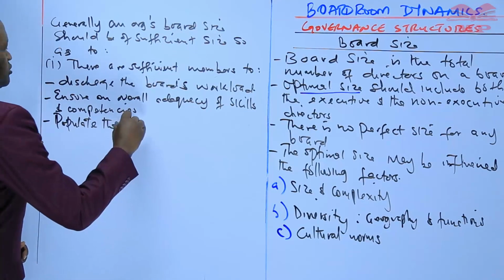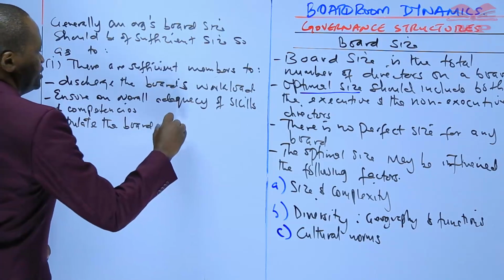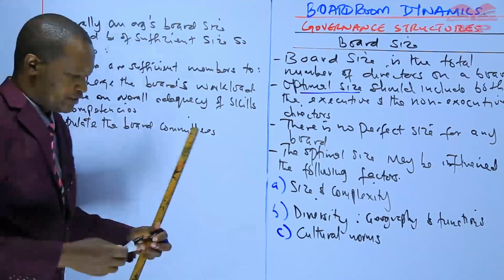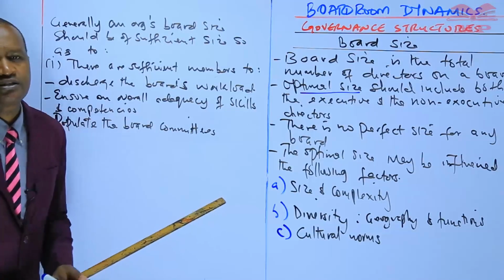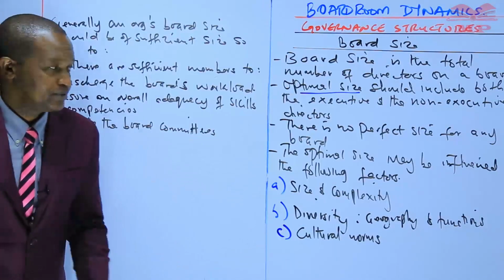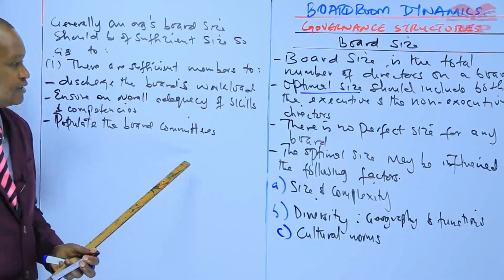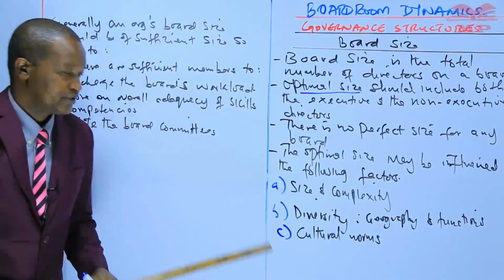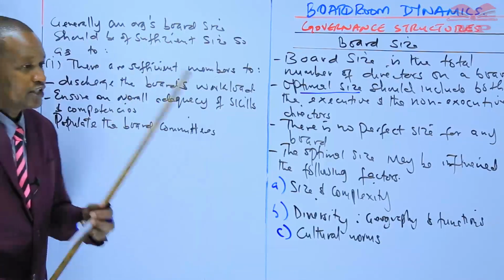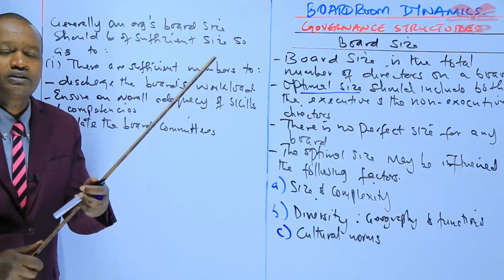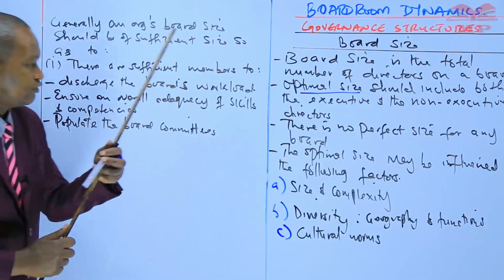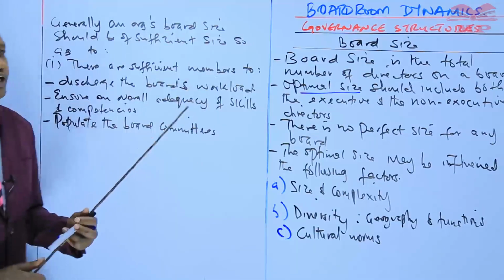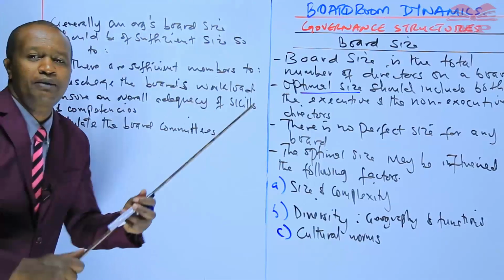For example, if a board has, say, 4 committees, a risk management committee, audit committee, nomination committee, and so on, and each committee is required to have, say, 7 members, that will mean there should be a sufficient number of members to populate the board committees, so that you don't have one director sitting on all committees.